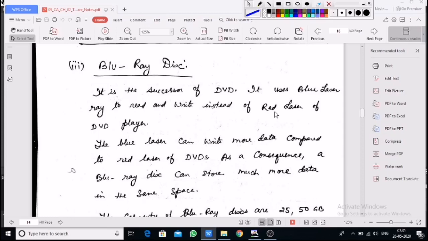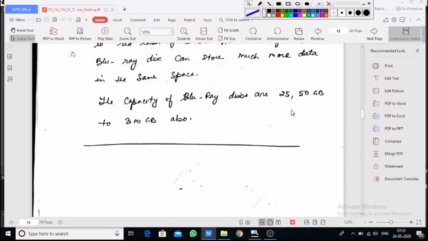The blue laser compresses more data than the red laser of DVD. As a consequence, a Blu-ray disc can store much more data than DVD. The capacity of Blu-ray discs comes in 25 to 50 GB and 300 GB also.